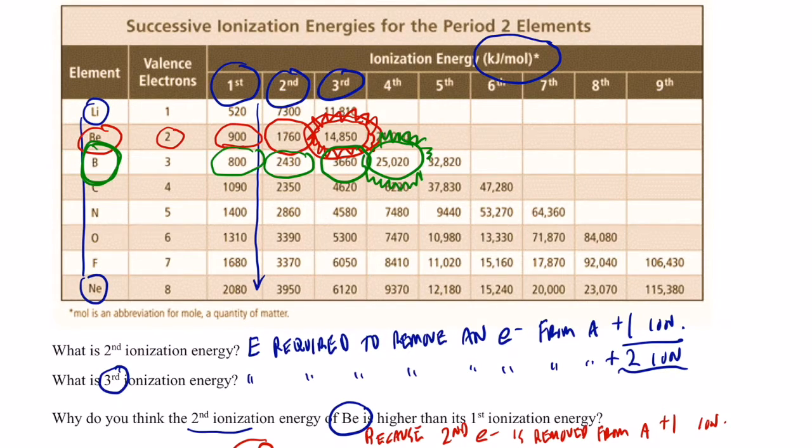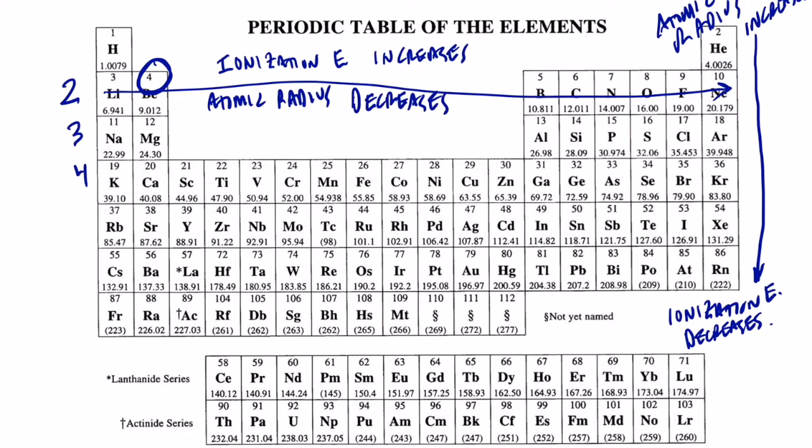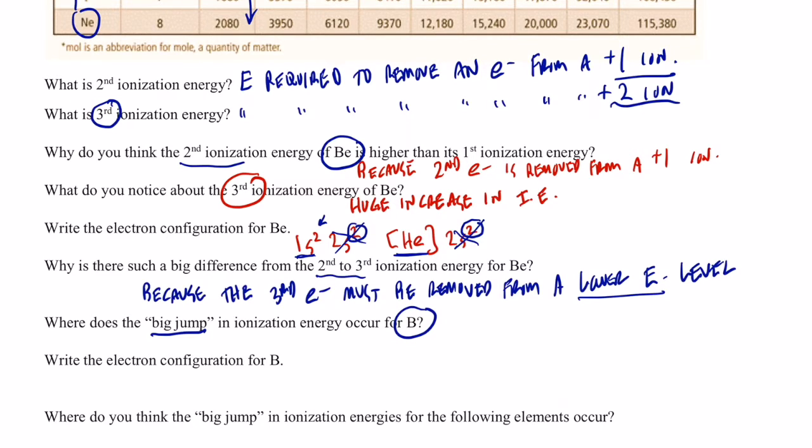Why would the fourth ionization energy for boron be so high? Well, let's write the electron configuration for boron. Boron, kiddos, has 5 electrons. So its configuration would be 1s2, 2s2, 2p1. Or we could write the shorthand notation, helium 2s2, 2p1.